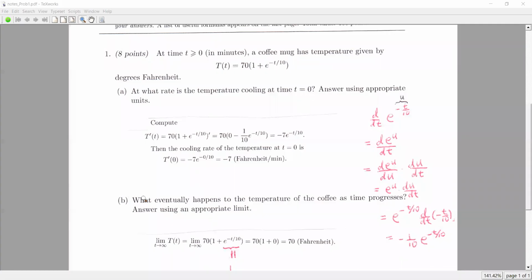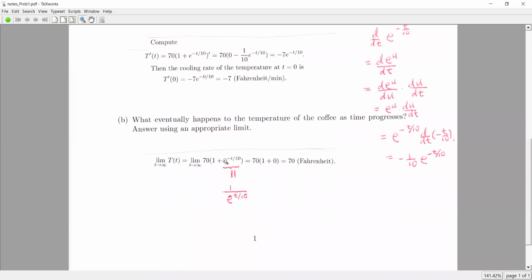Part B. What eventually happens to the temperature of the coffee as time progresses? Answer using appropriate units. This part asks for the limit of the temperature as time approaches infinity. To find the limit, I write this function as 1 over e to t over 10.